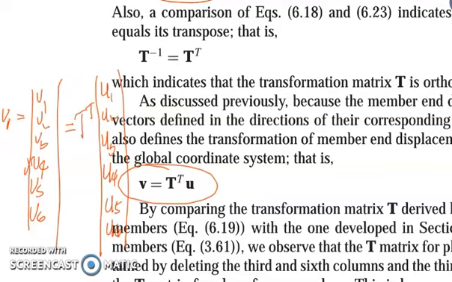So you have now the equivalent value, and you simplify that one, you have now the value for your global member end displacement as you transpose your local member end displacement to the global member end displacement.